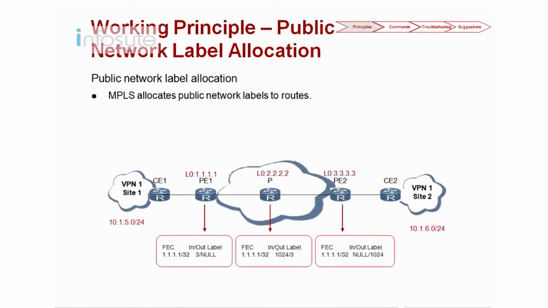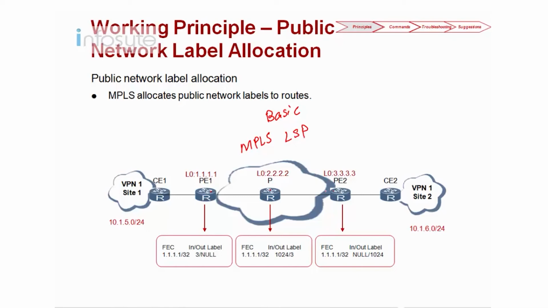And this is very important. This is for the MPLS LSP. So this is based on the basic MPLS LSP. Before we have an MPLS VPN, we must have a basic MPLS running under the ISP between PE1, P, and PE2.